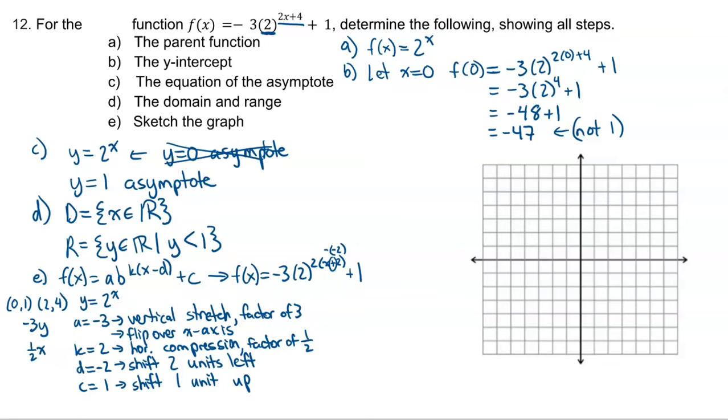Then you could take the x values and multiply them by a half. That's what the k value is doing. And then the d value is also operating on the x value, so you subtract 2 from that x value. And the c value would be adding 1 to the y value you had from before. So in general, what we're doing is we're taking the coordinates x comma y, and to the x coordinate, we're applying 1 over k to it, and then we're going to add d, whatever d is.